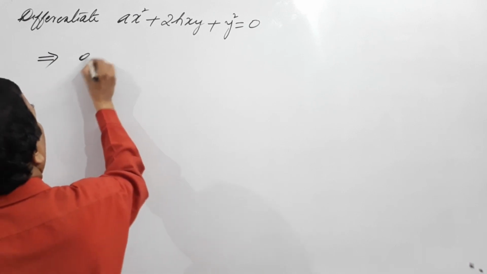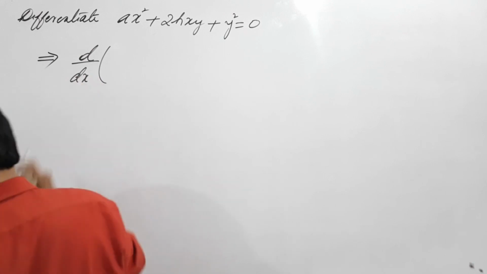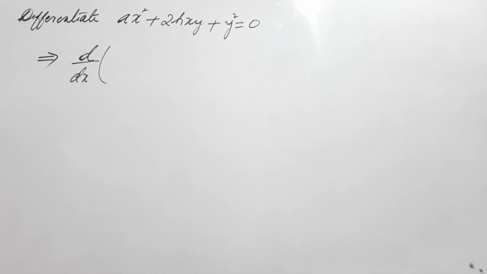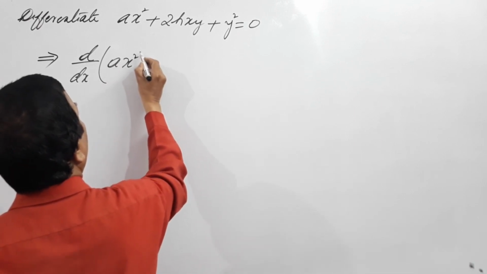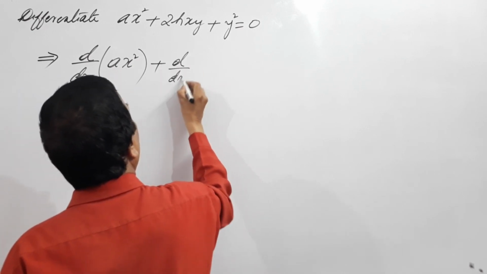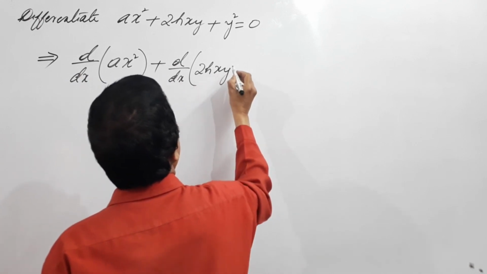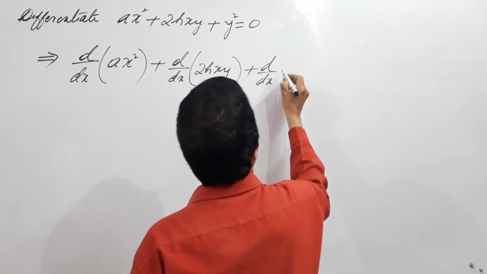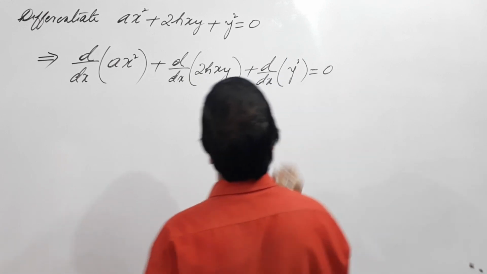That is d by dx of a x square plus d by dx of 2hxy plus d by dx of y square equals to 0.